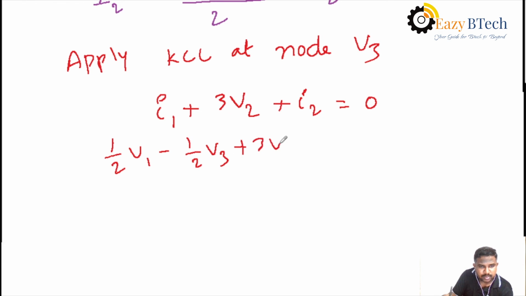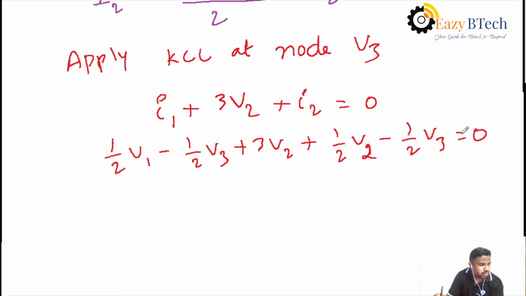Similarly, the middle 3V2 plus I2, which is 1 by 2 V2 minus 1 by 2 V3, equals 0. From this calculation, you can find the value of V3, because we can eliminate the other terms.